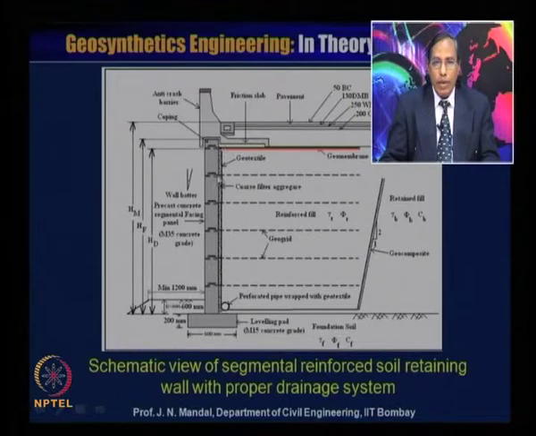And you are providing drainage material at the back of the retaining wall. You can provide geotextile, geocomposite or aggregate, and at the top you are providing geomembrane material, so water cannot percolate from the road into this.